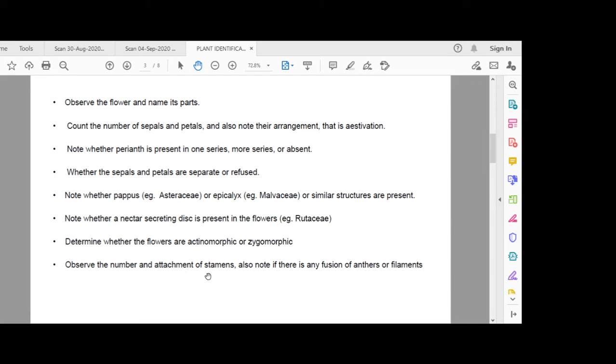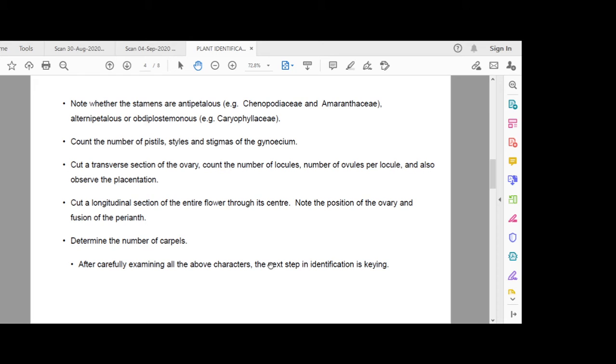Number and attachment of stamens and fusion of stamens. Note whether the stamens are antipetalous, for example, Chenopodiaceae and Amaranthus. Antipetalous means opposite to petals.